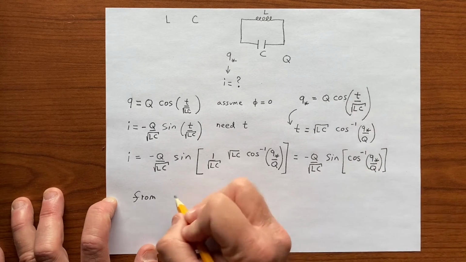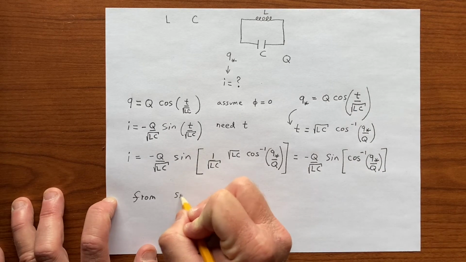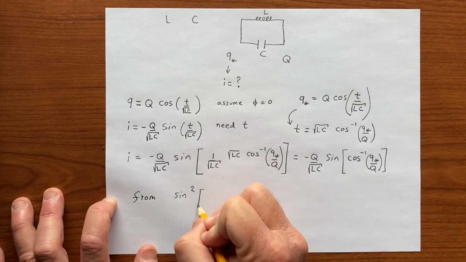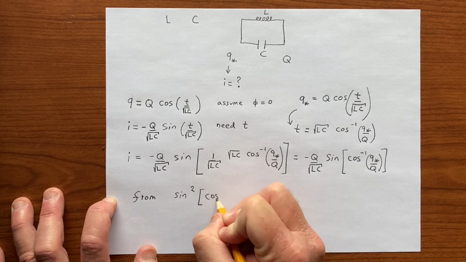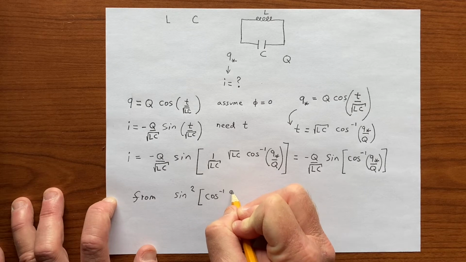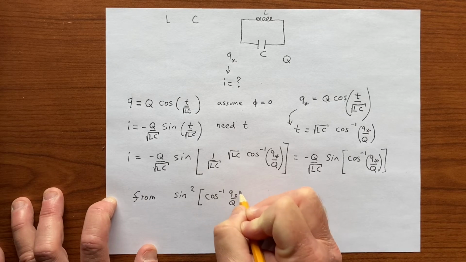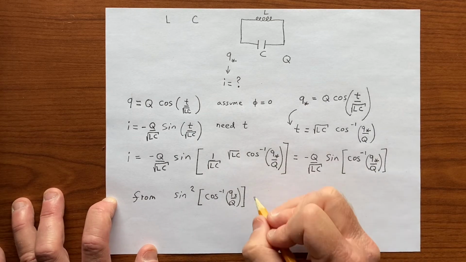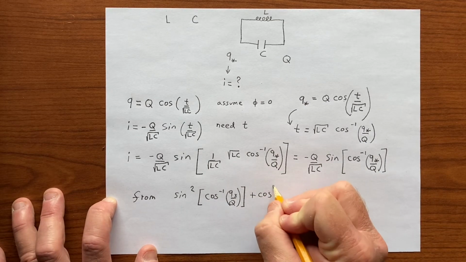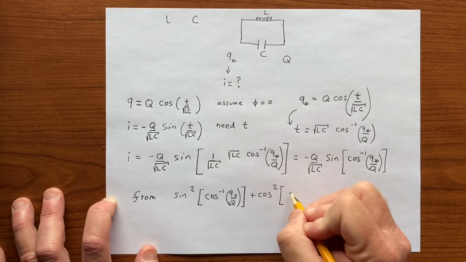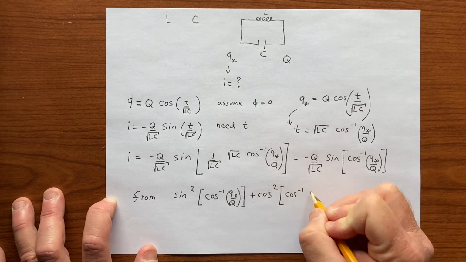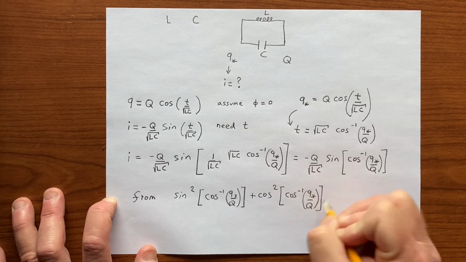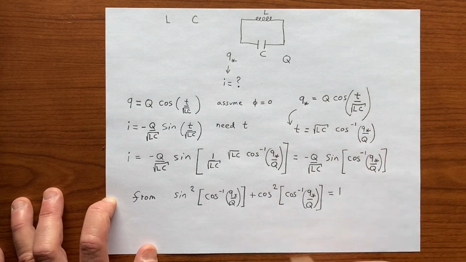So how do we do this? What is the quantity we're looking for? The cosine to the minus 1 of Q star over capital Q. So the sine squared of this plus the cosine squared of that must equal 1.